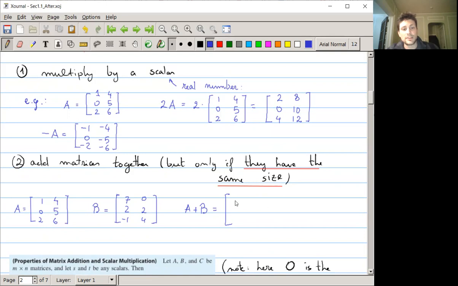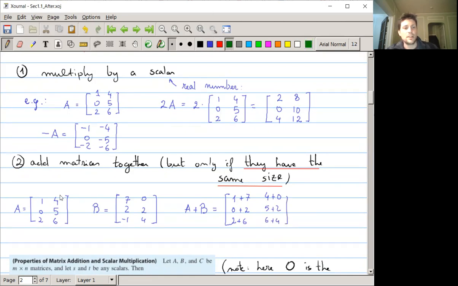What do I mean by that? A plus B will be, again, a 3×2 matrix whose entries will be 1 plus 7 up here. Then I'll have 0 plus 2, 2 plus 6, and then 4 plus 0, 5 plus 2, 6 plus 4.